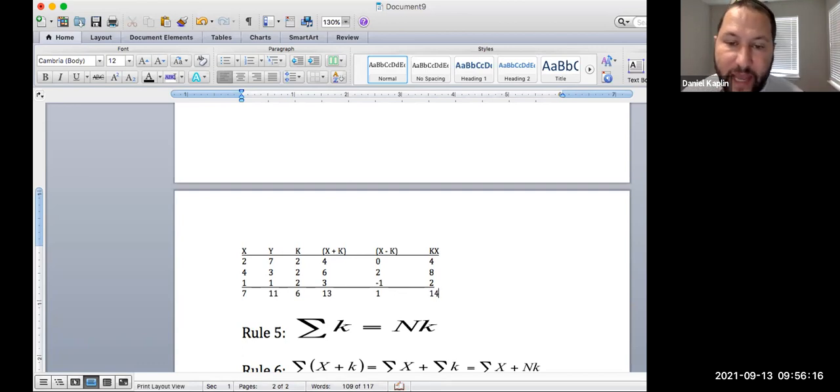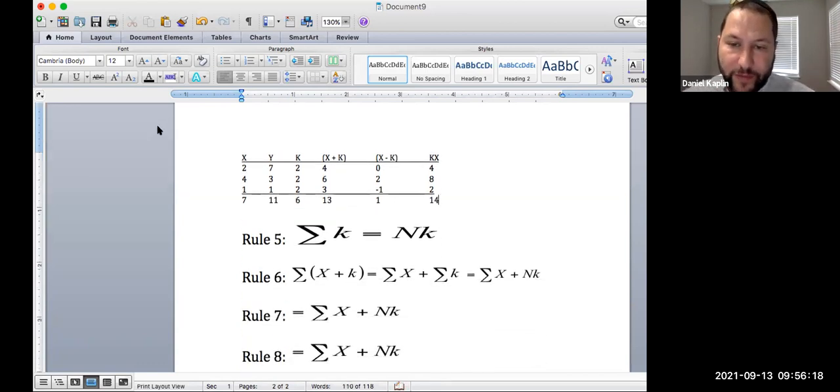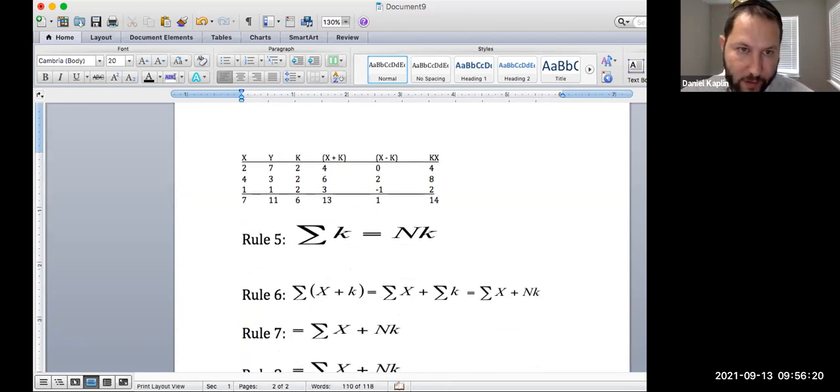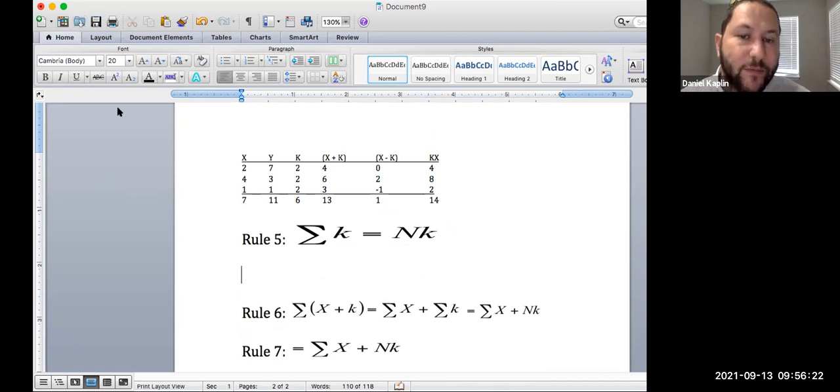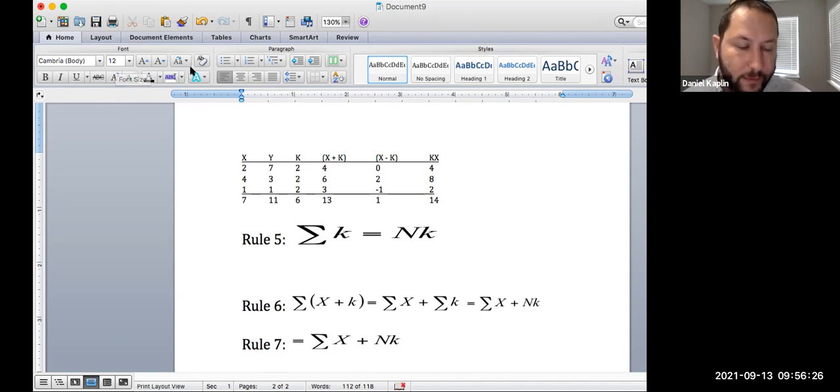All right, so I've added these columns. Now I have to prove these rules the same way I did before. Same rules apply as before. I'm just going to try and balance equations, right? So the sum of k column. Well, what was the sum of the k column? If we go down, 6 is equal to n.